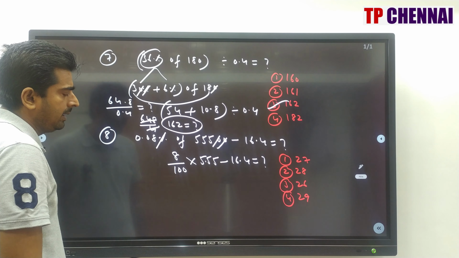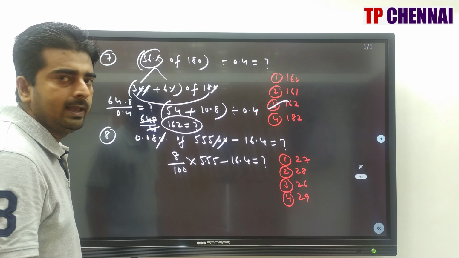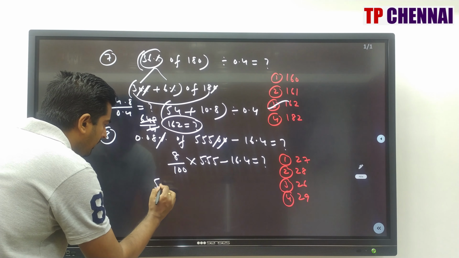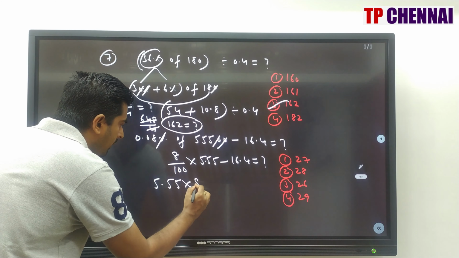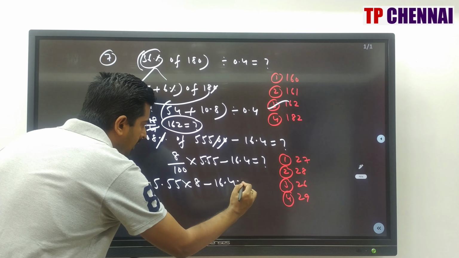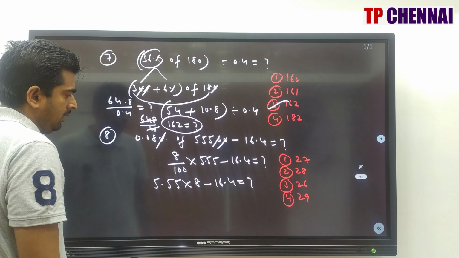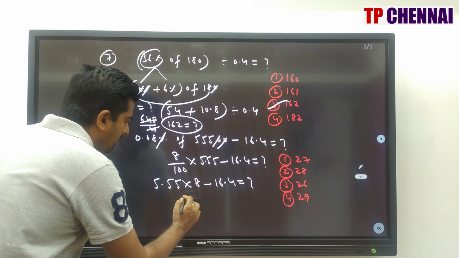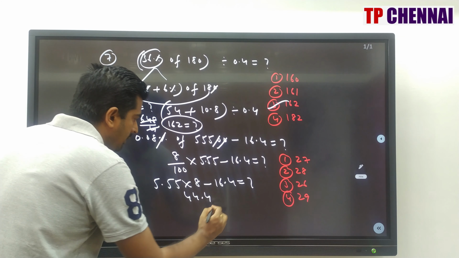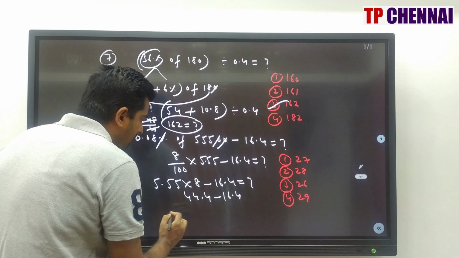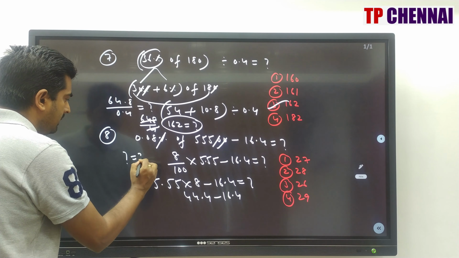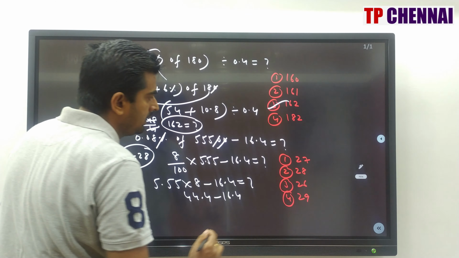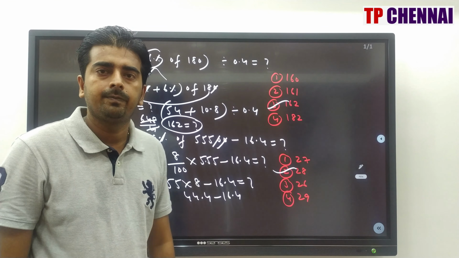What is 5.55? 5.55 into 8. 5.55 into 8 minus 16.4 is equal to question mark. 44.4. 44.4 minus 16.4. So this is 28. My answer is nothing but 28, which is second option.